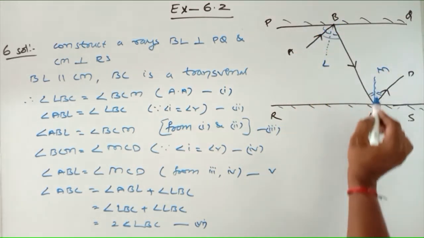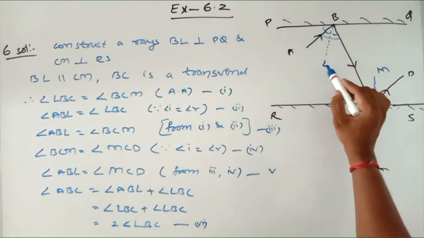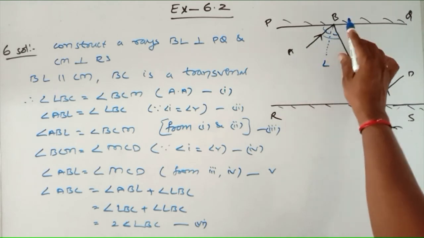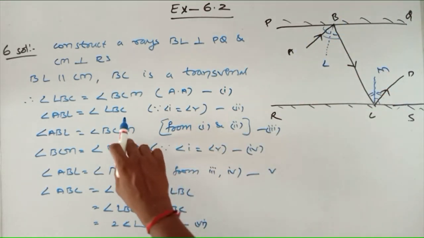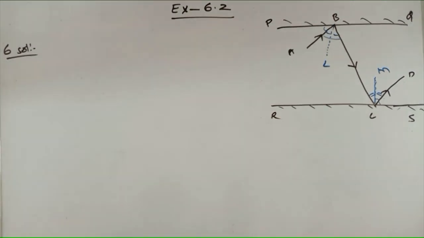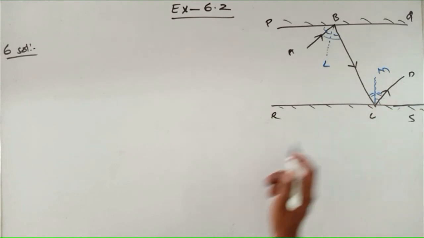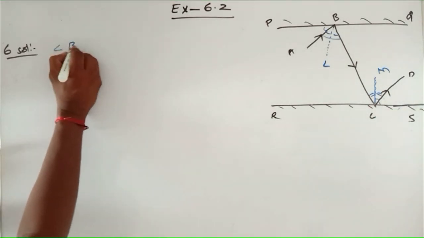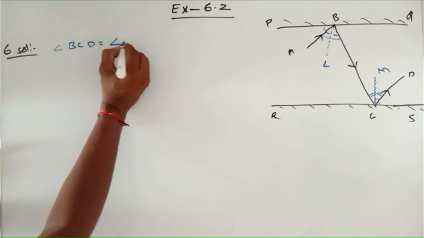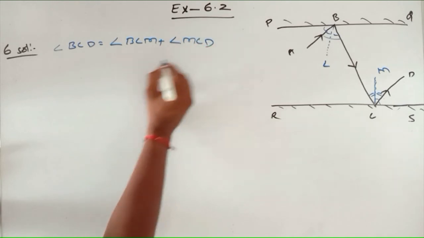For that sake, angle ABC is equal to angle ABL plus angle LBC. So ABL is equal to LBC from the second equation, plus LBC as it is. Now angle ABC is equal to 2 angle LBC. That is the sixth equation I am taking. Children, in the same way I am taking angle BCD is equal to angle BCM plus angle MCD.